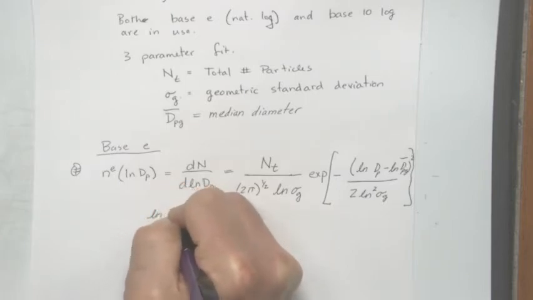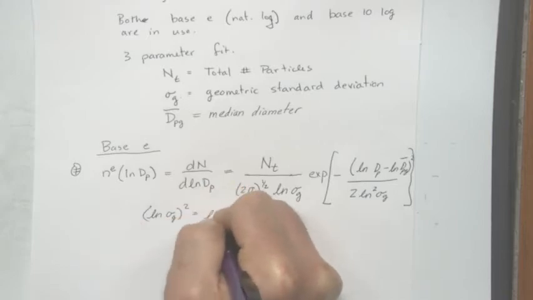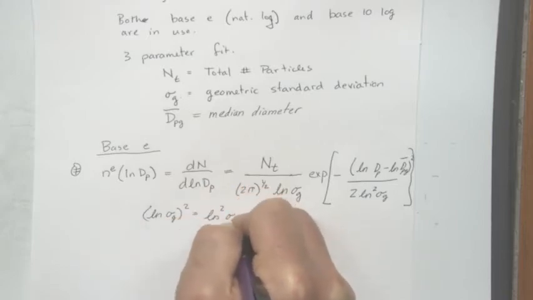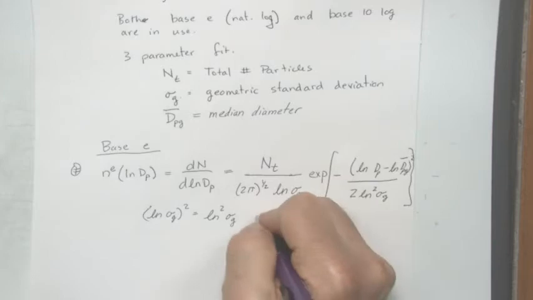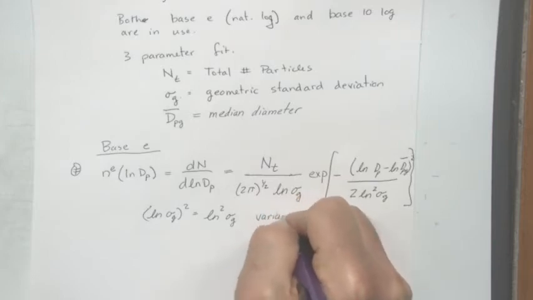ln sigma g squared is also written as ln squared sigma g, and that is the variance of the distribution.